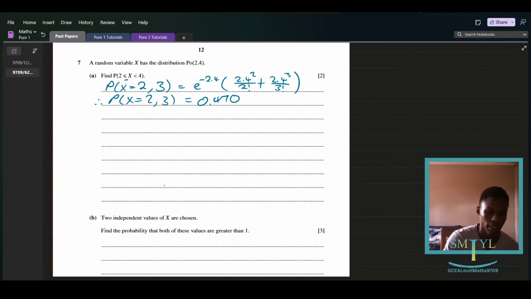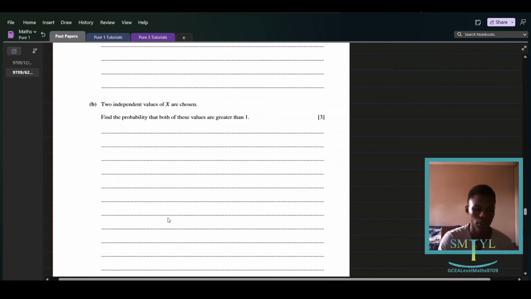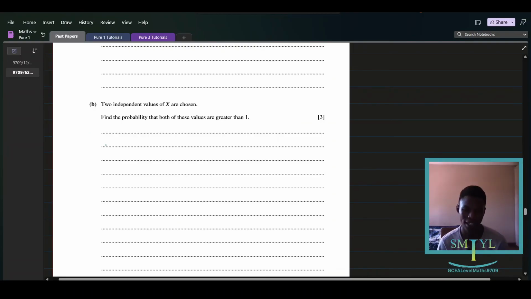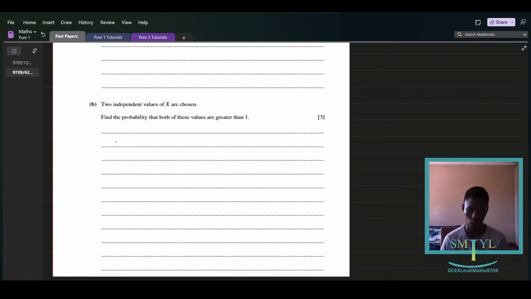Let's move on to part B. Two independent values of x are chosen. Find the probability that both of these values are greater than 1. Okay, so let's start by finding the probability that only one of these values is greater than 1. That's the probability that x is greater than 1.